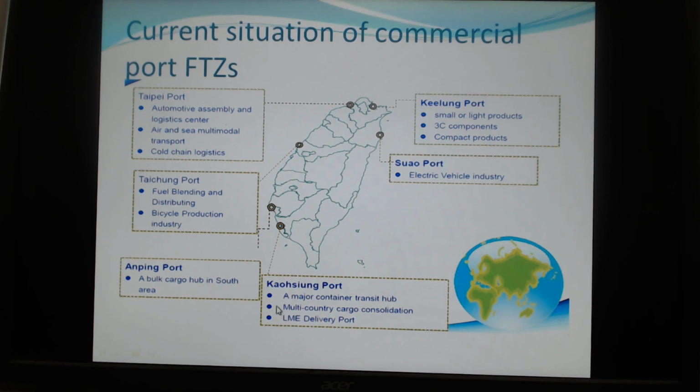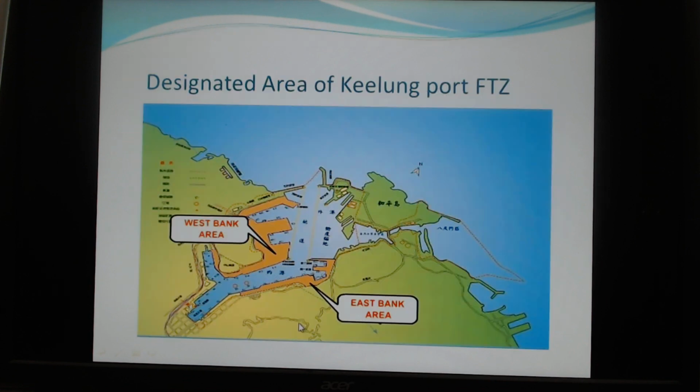They have different functions in this area. For example, Keelung port focuses on small and light products, 3C components, compact products. Kaohsiung focuses on the merged container transit hub, market consolidation, and LNG.